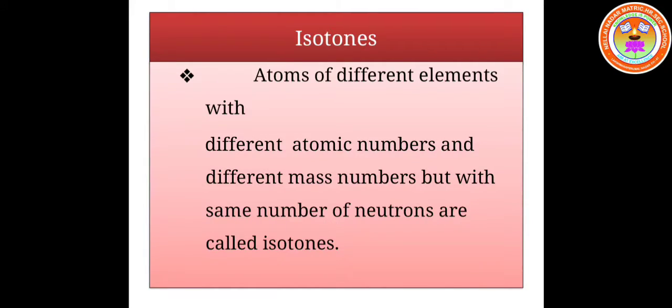That N stands for neutrons. Same number of neutrons. Okay, children. So, the definition for isotones is atoms of different elements with different atomic numbers and different mass numbers but with the same number of neutrons are called isotones.